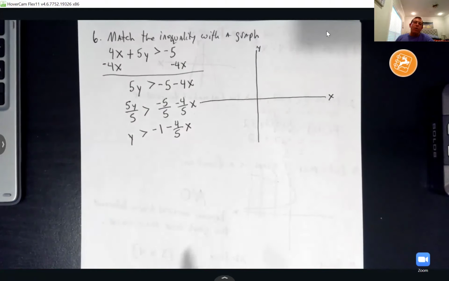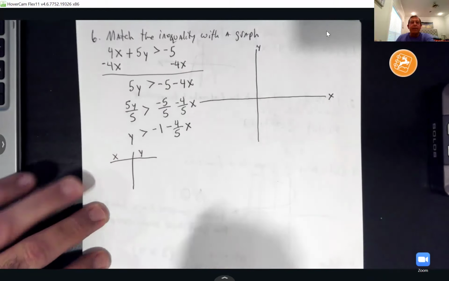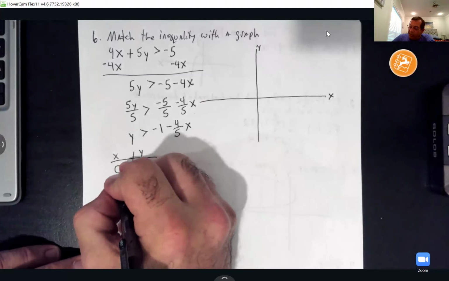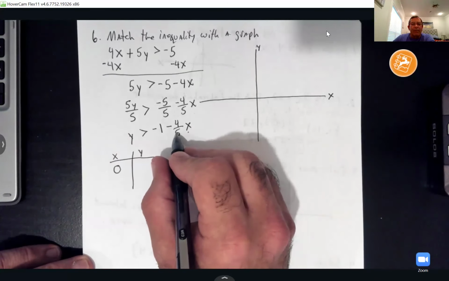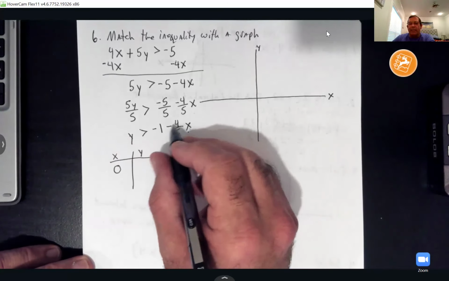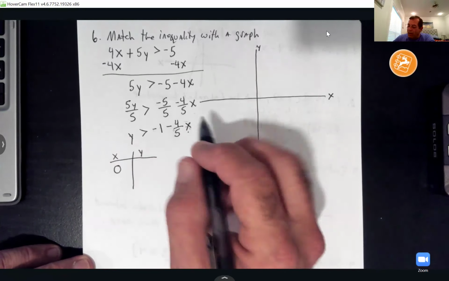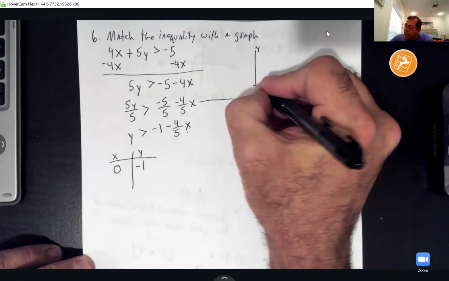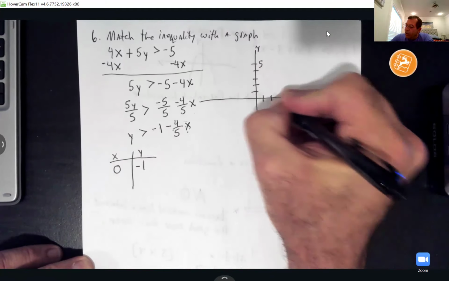So at that point, if you want to go graph it, you can. I'm just going to pick up some points by hand. So one point I'm going to use is 0. So if I put a 0 in for the x, -4/5 times 0 is 0. And I got -1 minus 0, which is -1. So let me put a few points on here.